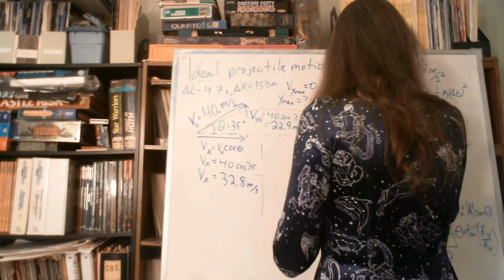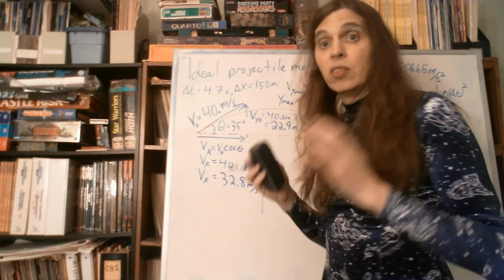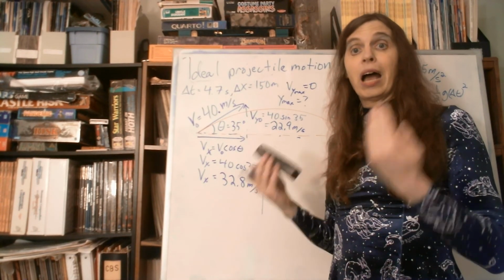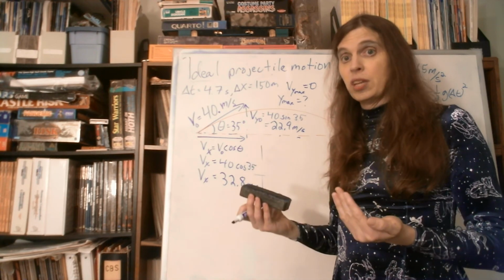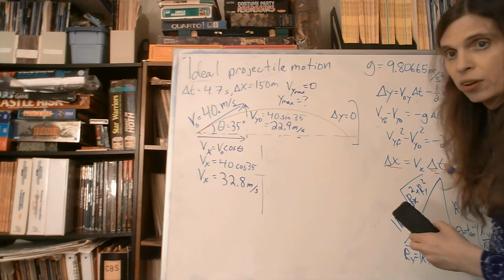And in that case, we don't know our delta y. So this equation here has one unknown, the delta y.